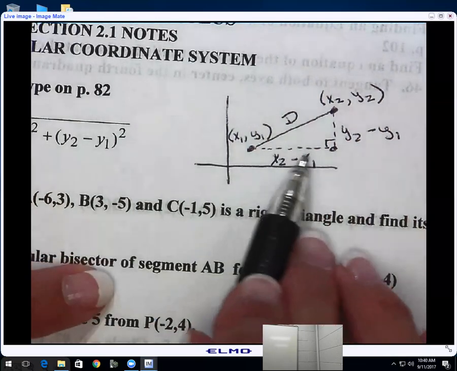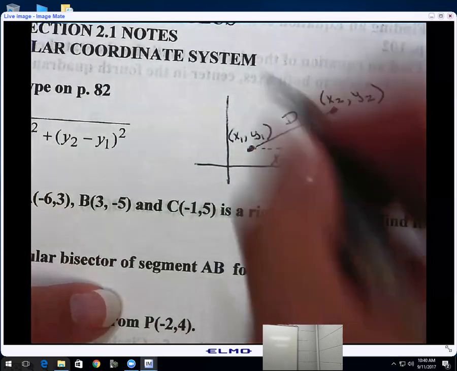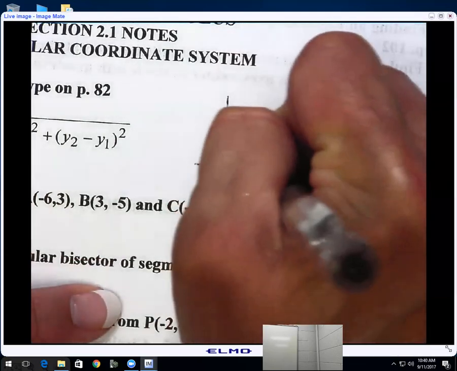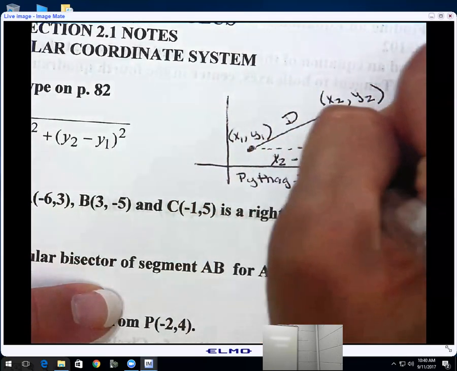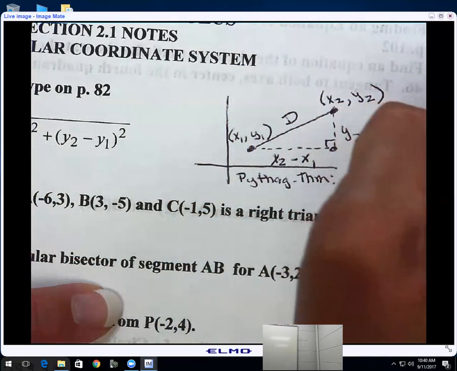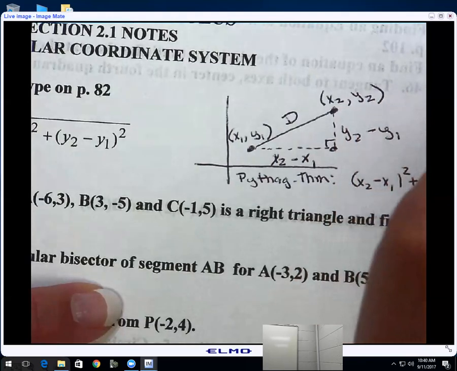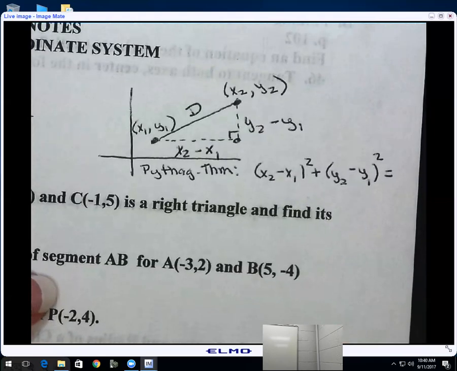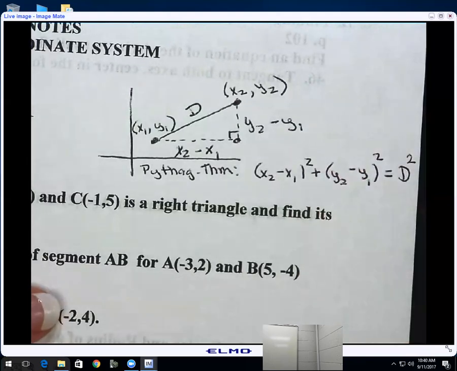So this is the length of one leg, this is the length of another leg, and the Pythagorean theorem says leg squared plus leg squared equals hypotenuse squared, and we call the length of our hypotenuse d, so I'm just going to say d squared.